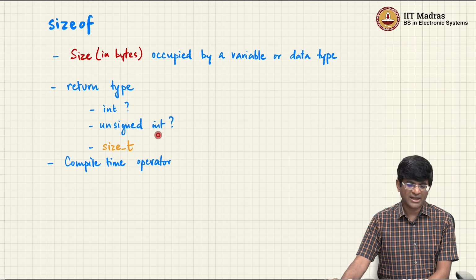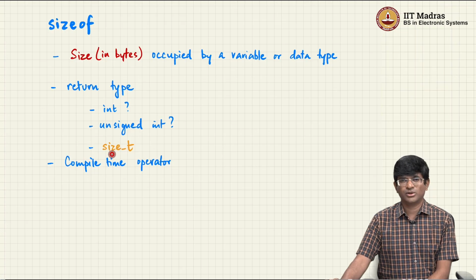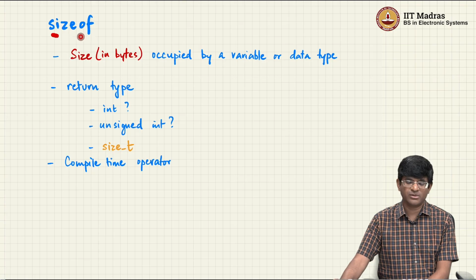But what happens in practice is that there is explicitly a separate type defined in C called size_t, usually pronounced size t. It is the size type, size_t, which is used to indicate the return value given by the Sizeof operator.